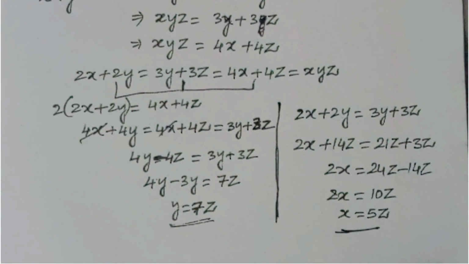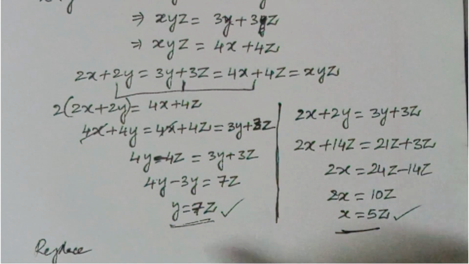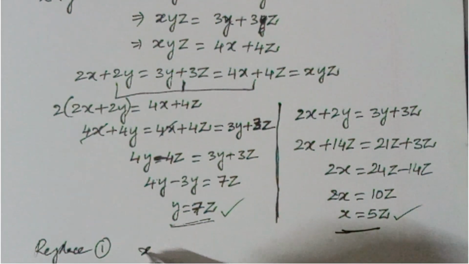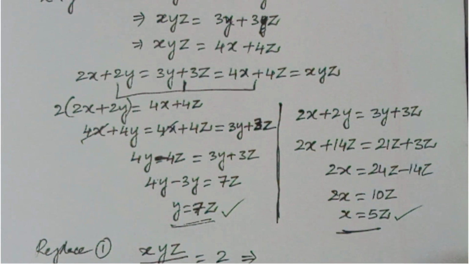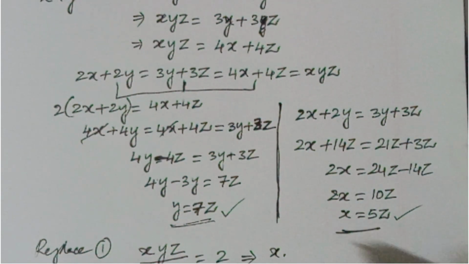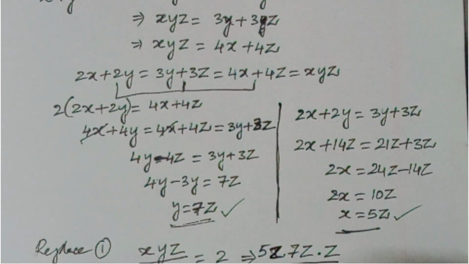Now replacing this in the first one, replace this y and z in the first one. So what is the first one? xyz by x plus y is equal to 2. So here x value is 5z, into z, y value is 7z.